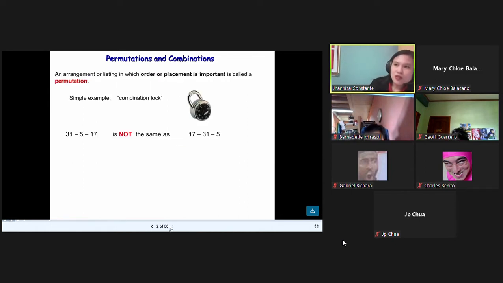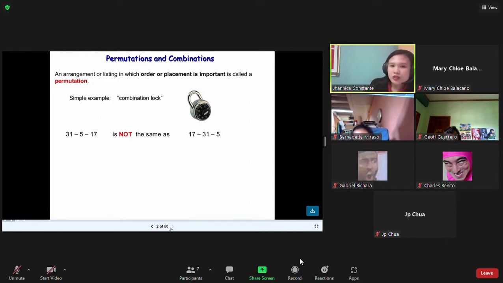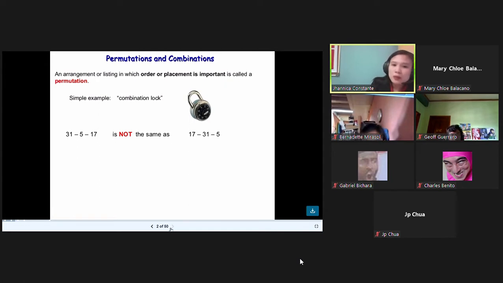So permutation, when you say permutation, kapag gagamitin ang permutation in solving for the probability of a problem, if the problem has an order or a placement is very important, an arrangement or listing in which order or placement is important is what we call permutation.